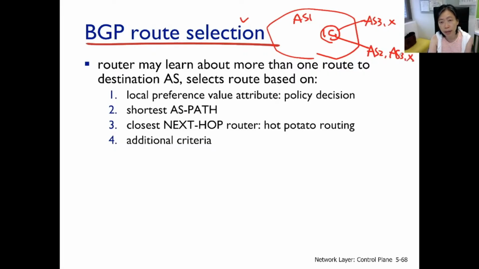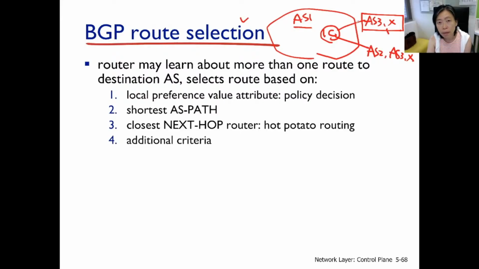In the previous slide, the policy of AS1 is such that we only select this to import. And so 1C propagates this AS path to all internal routers. Internal routers will then send packets destined to X through 1C and therefore be forwarded to AS3.